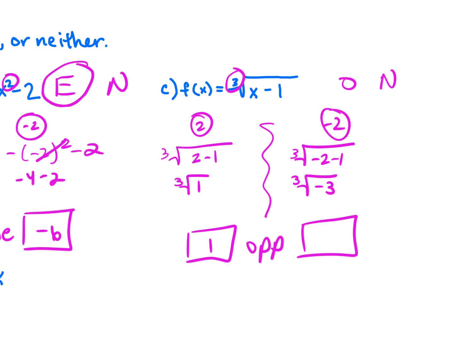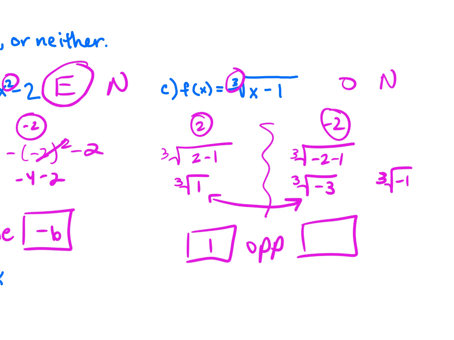Anybody know what number times itself 3 times gives you -3? What do you know it's not? It's not -1, right? Could you take the cube root of -1? Yes. What number times itself 3 times gives you -1? -1.